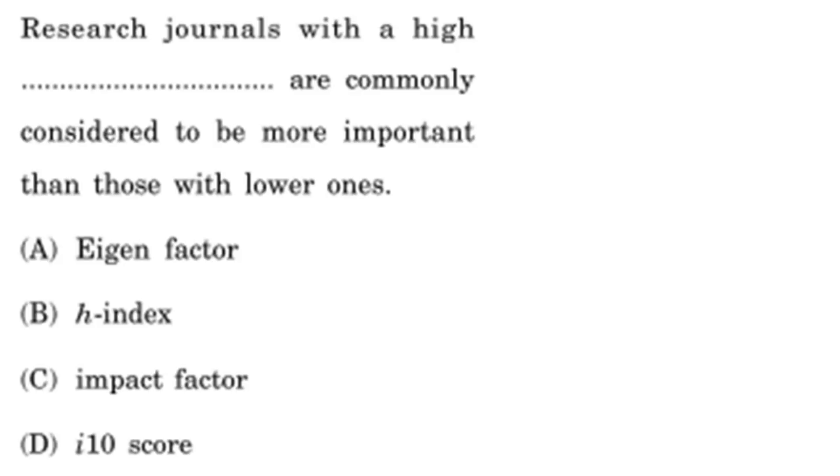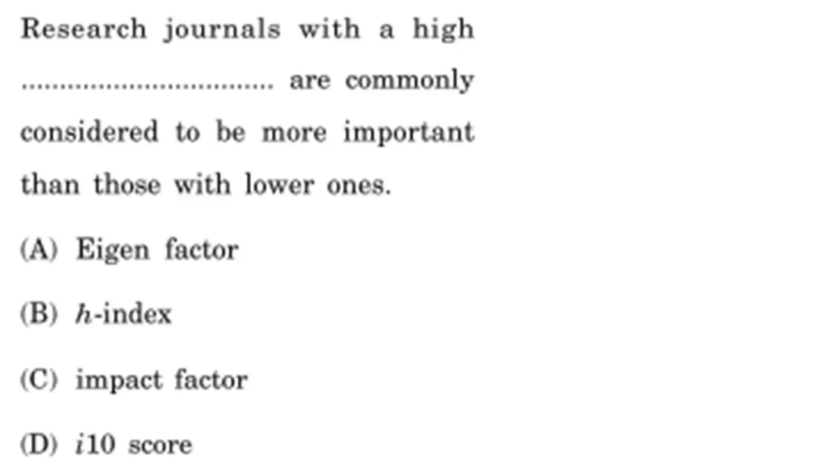Now we have competition between A, eigen factor, and C, impact factor. These two are very similar, but the only difference is that the eigen factor changes when the size of the journal changes. If you have more articles, it will be different for smaller journals and different for bigger journals.